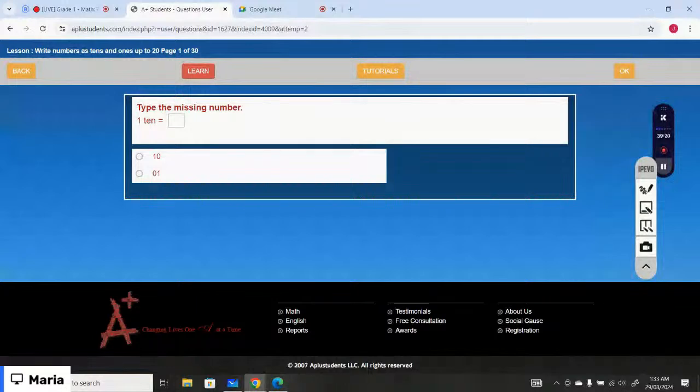One ten. You are not given a digit at the ones position, right? So that means the ones position must be zero. So 1 ten means one is at the tens position. So the digit they make is 10. Option number one is the correct option.